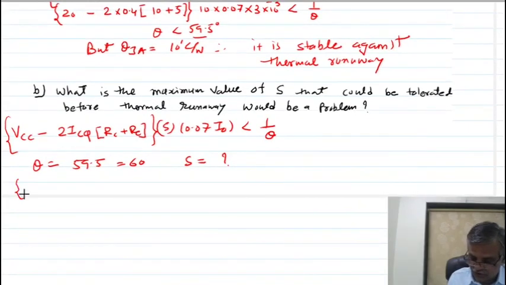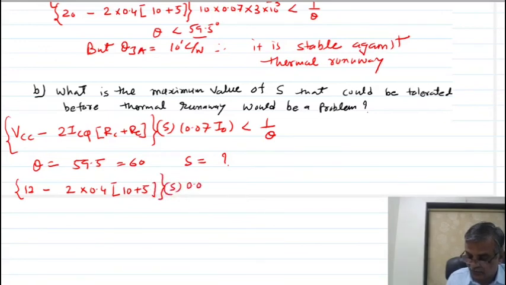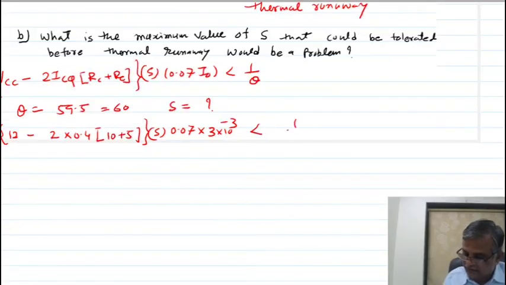I am keeping this as 12 minus 2 into 0.4, this is 10 plus 5, this is S I have to find, this is 0.07, this is 3 milliampere. This should be less than 1 upon 59.5. If you calculate this value, S you will get 6.6.